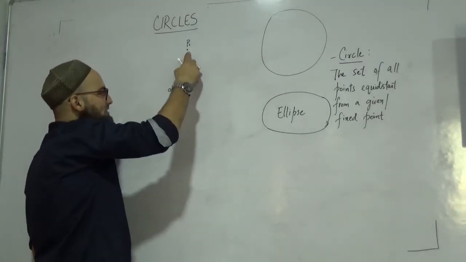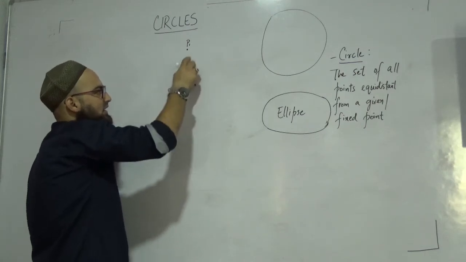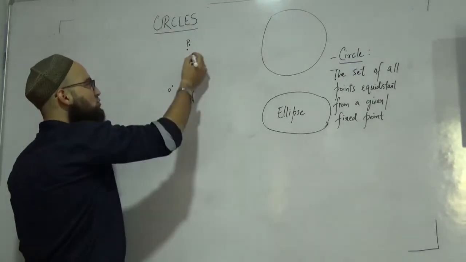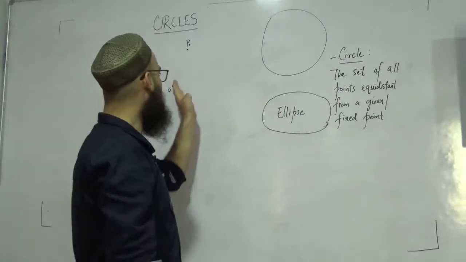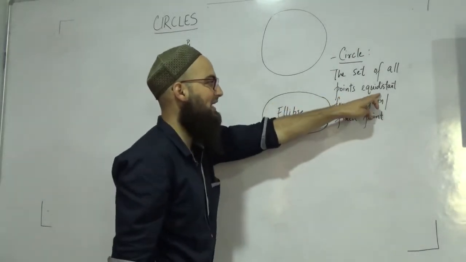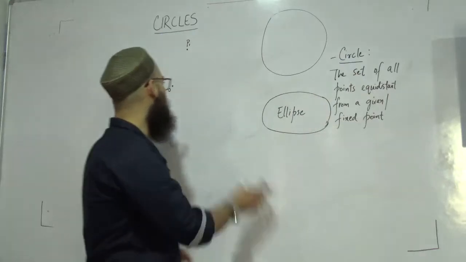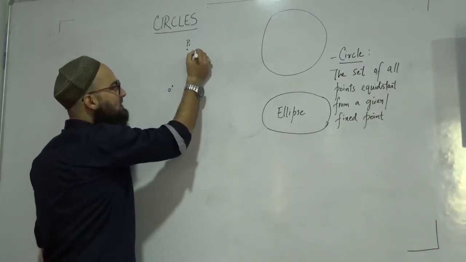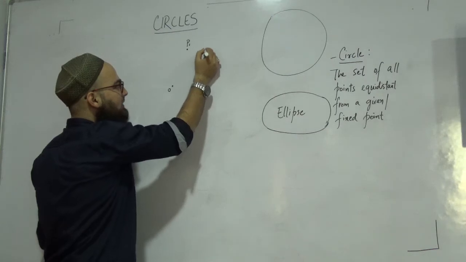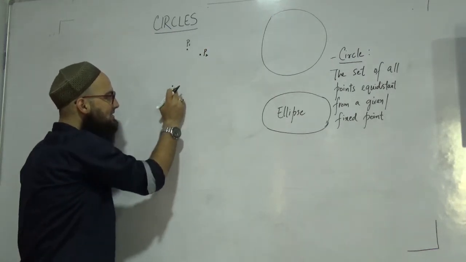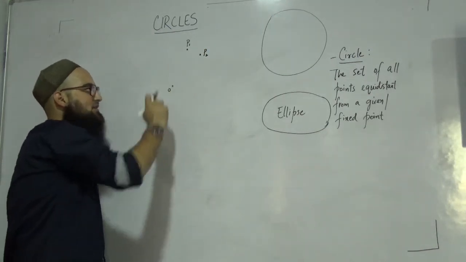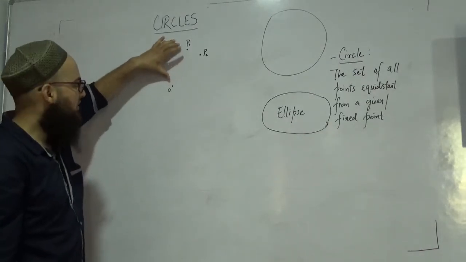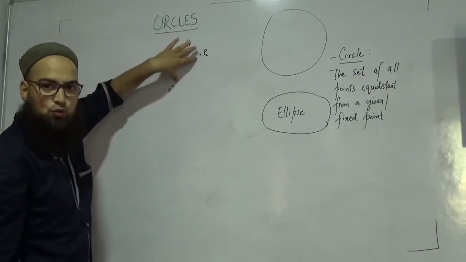Take one more point P2, but remember that point must be equidistant from this fixed point. I have to take one more point anywhere, but the distance must be equal to the previous distance. So if the previous distance was OP1, now the new distance is OP2.